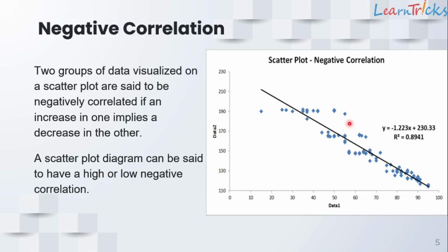How can we conclude it is a negative correlation? As the value on axis data 1 or axis x increases, the values of data 2 decrease. That's why it is called a negative correlation scatter plot.